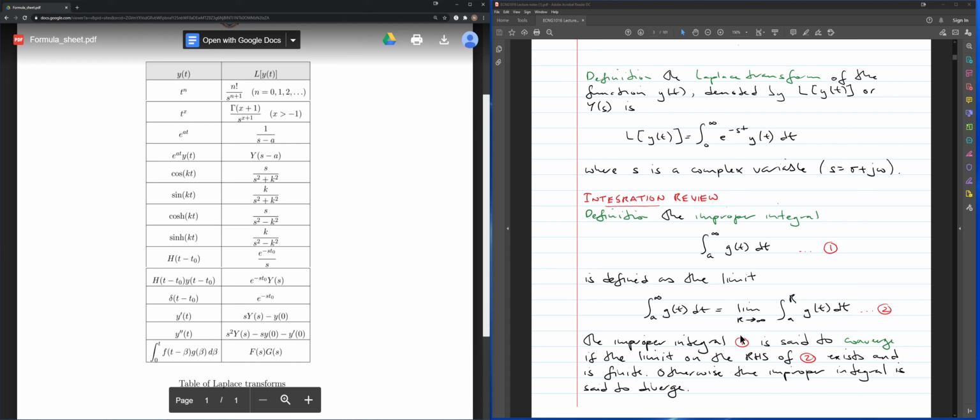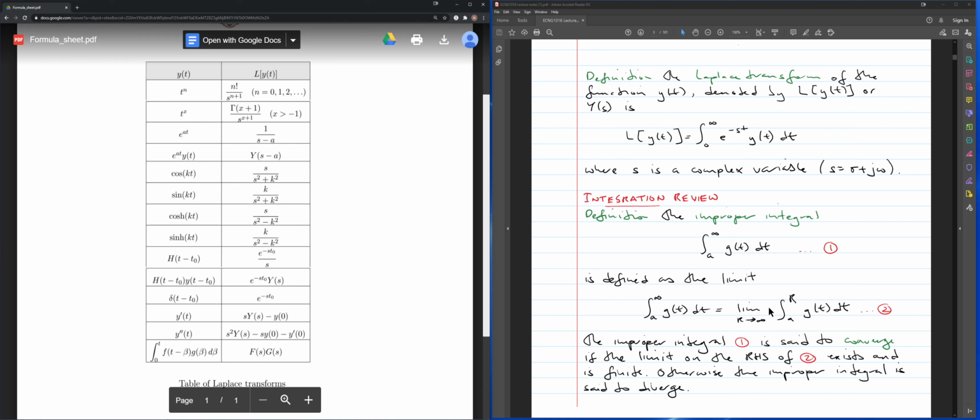And probably a final way to look at it: you replace the infinity by r, and now you take r going to infinity in the limit. So the problem with the infinity in the upper limit is really transferred to a problem with your limits.